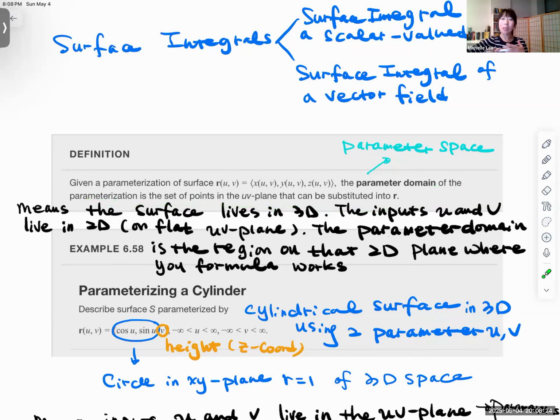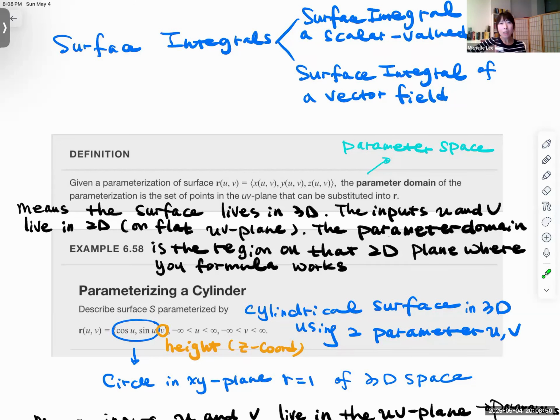So what does this mean? The surface lives in three dimensions. The inputs u and v live in two dimensions, the flat UV plane. The parameter domain is the region on the two-dimensional plane where your formula works.